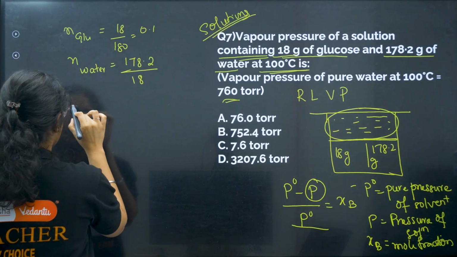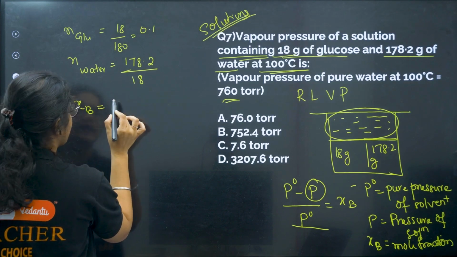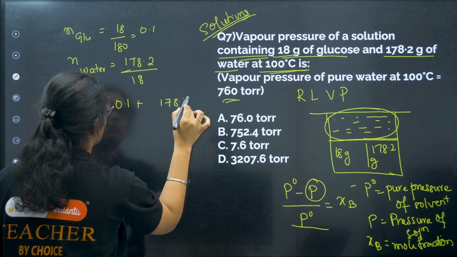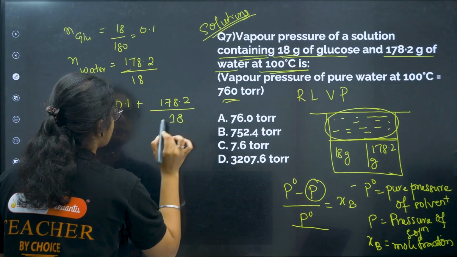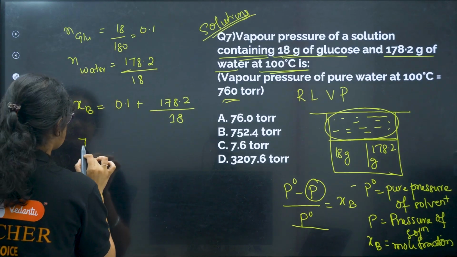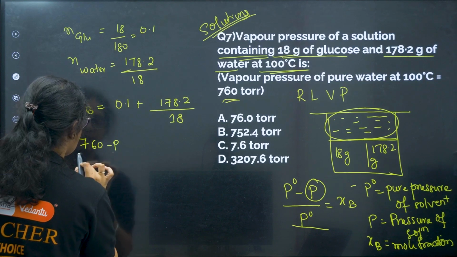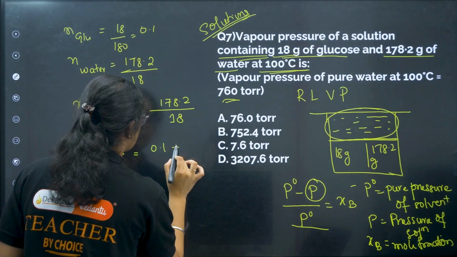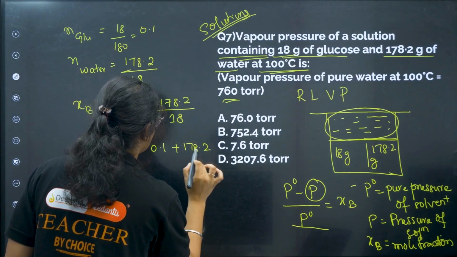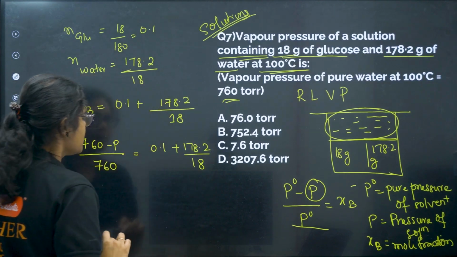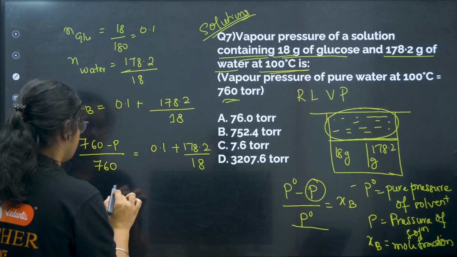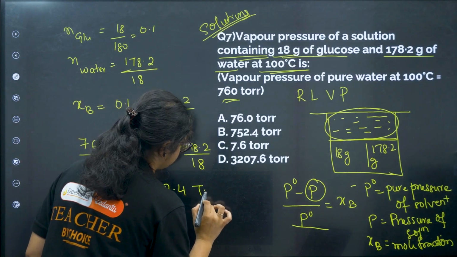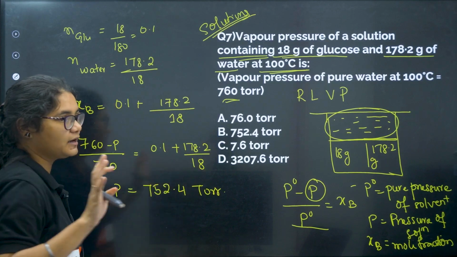So XB will be 0.1 plus 178.2 by 18. Now let us solve this one. 760 minus P by 760 is equal to 0.1 plus 178.2 by 18. Once you solve this, you will be able to calculate that P is equal to 752.4 torr. Mathematics part is your work.